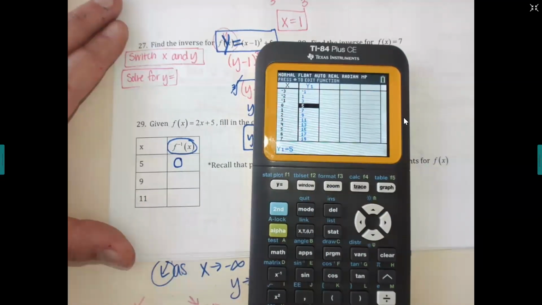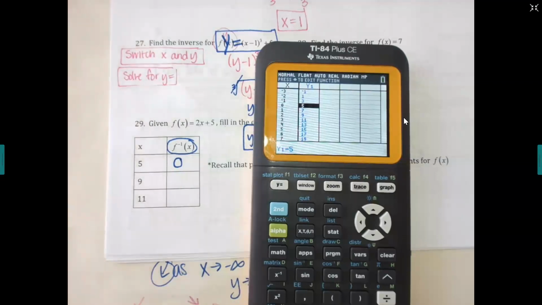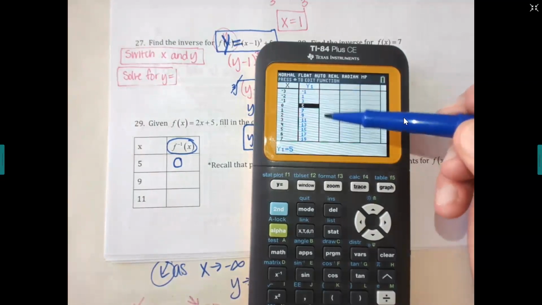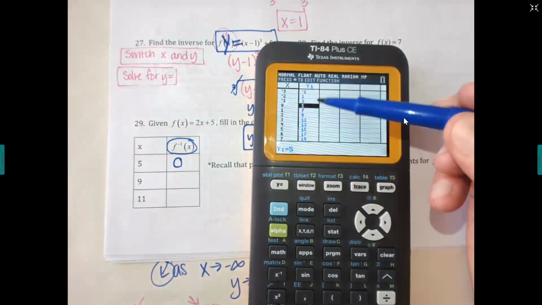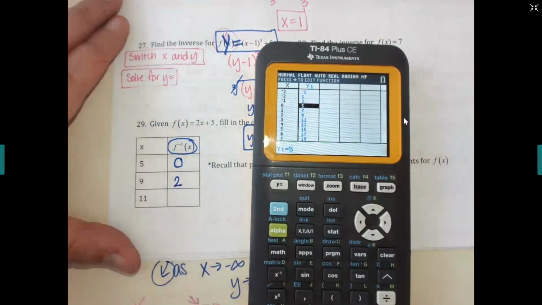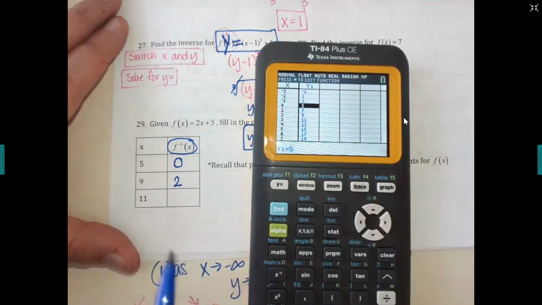Does that make sense? Because you're having to look it up backwards because they're giving you f, but they're asking you questions about its inverse. So for the next number, I want 9 comma what? Well, then in my calculator, it's going to be something comma 9. Where is it? 2. And then for the last one, 11 goes with 3.